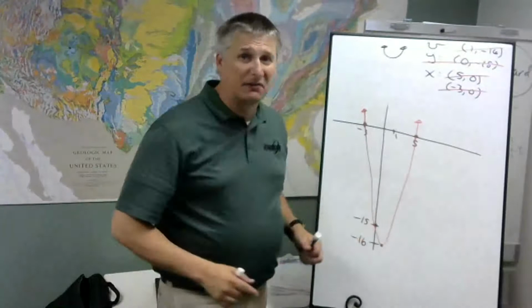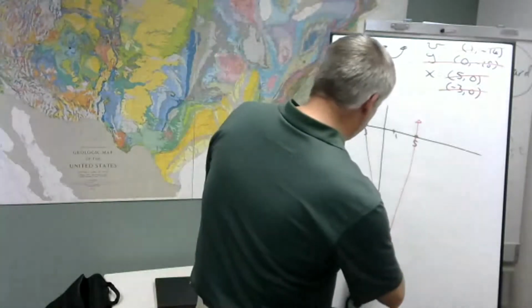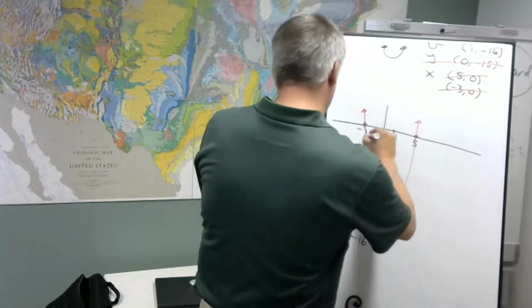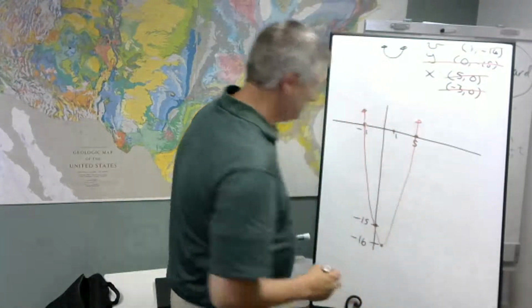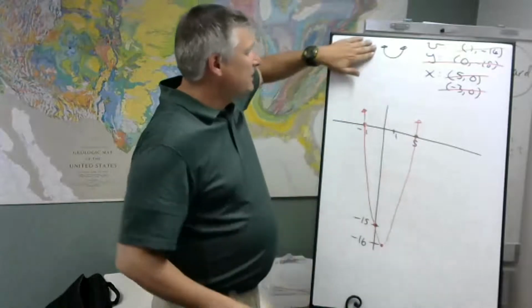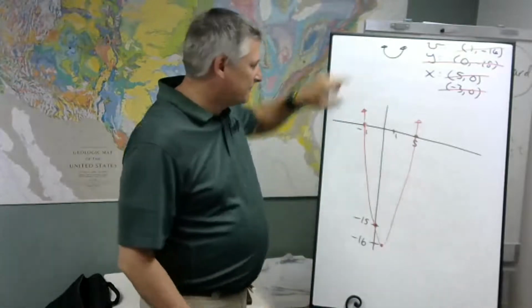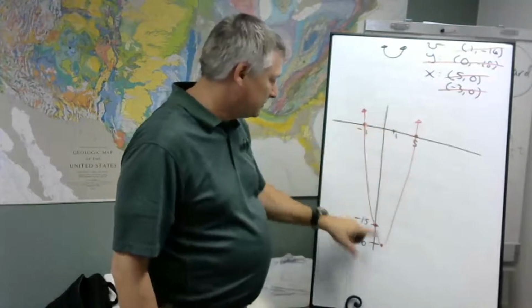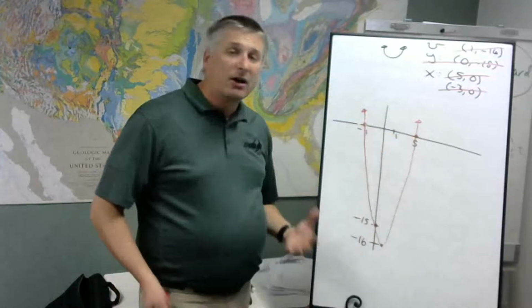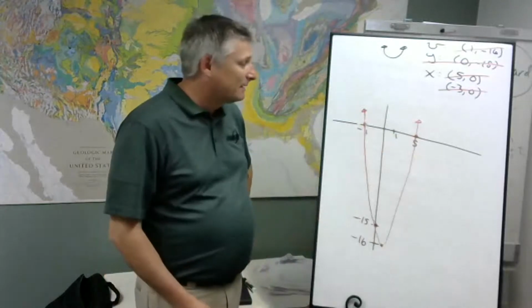Ooh, barring artistic license. Okay, not as much artistic license. Even if we didn't know this was upward facing, by connecting these points, going left to right, we're still going to get an upward facing parabola.